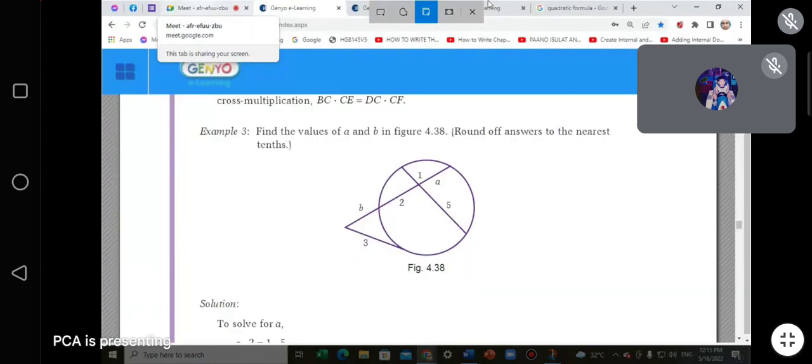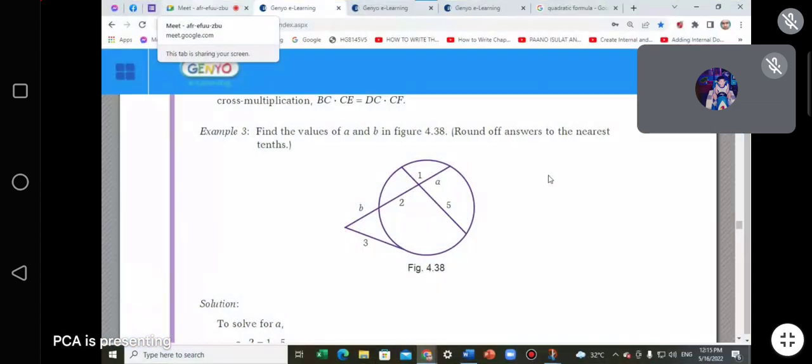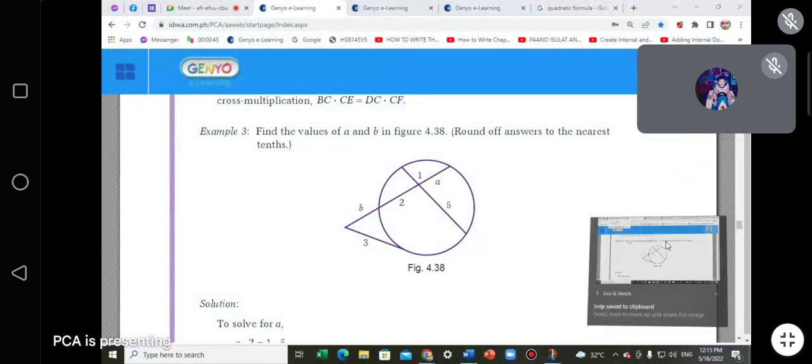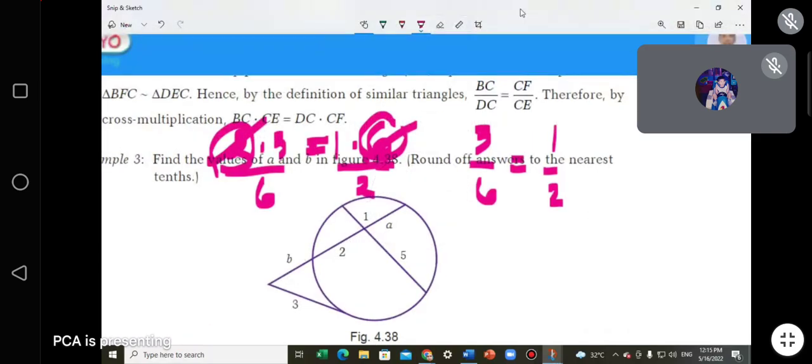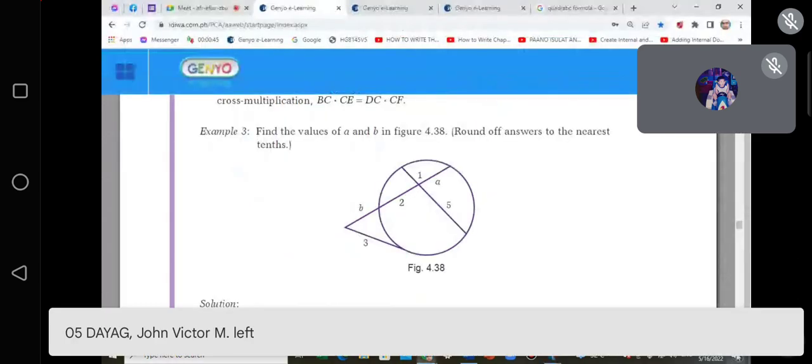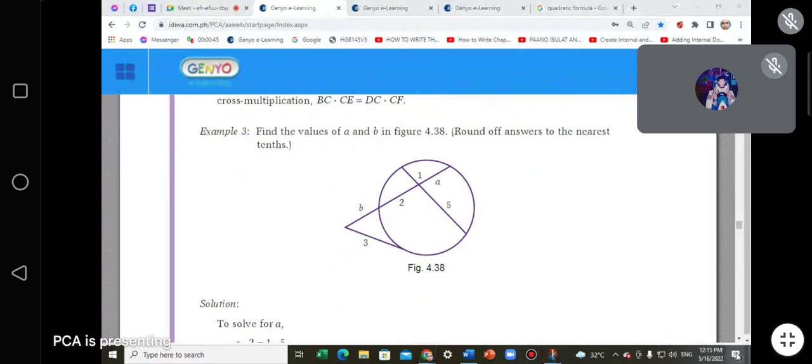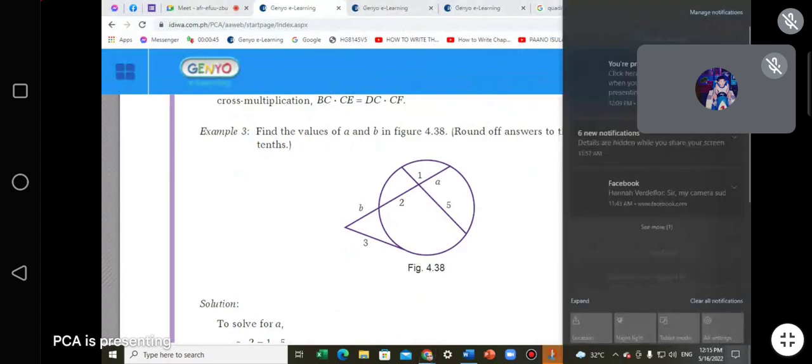What part of that secant segment do we need to involve to solve this?